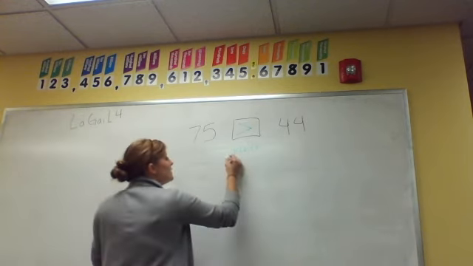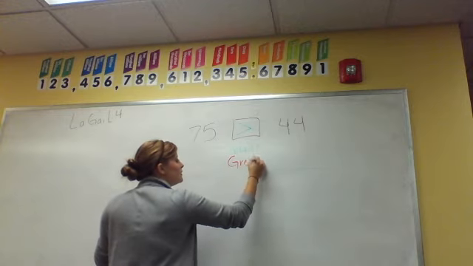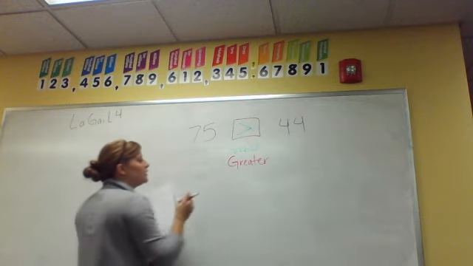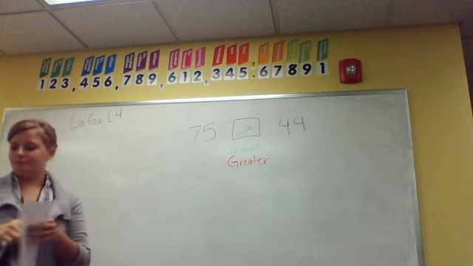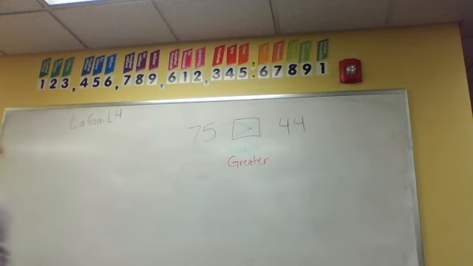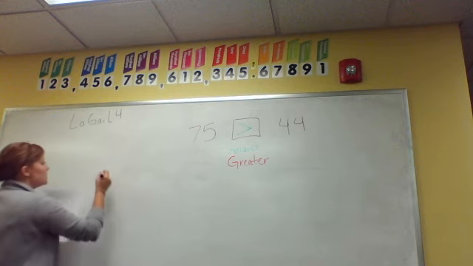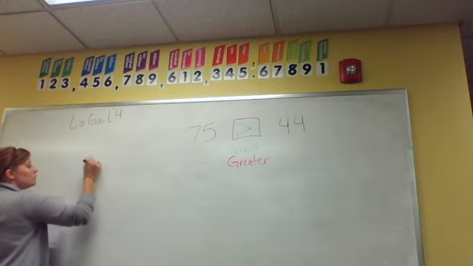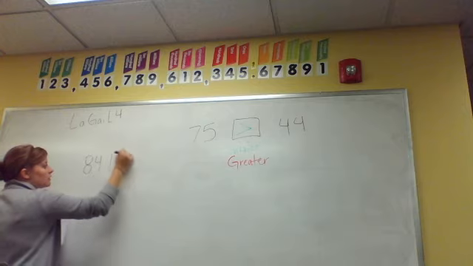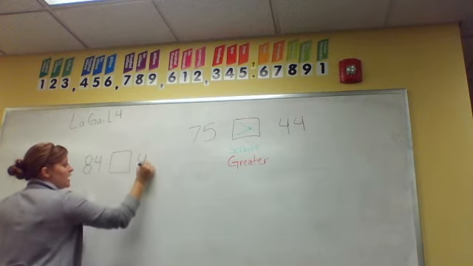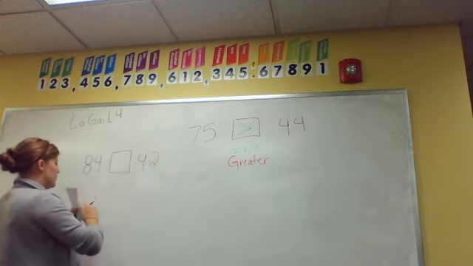Okay, so just in case we can't read that. Greater. So the next one is 84 and 42. 84 is greater than 42.